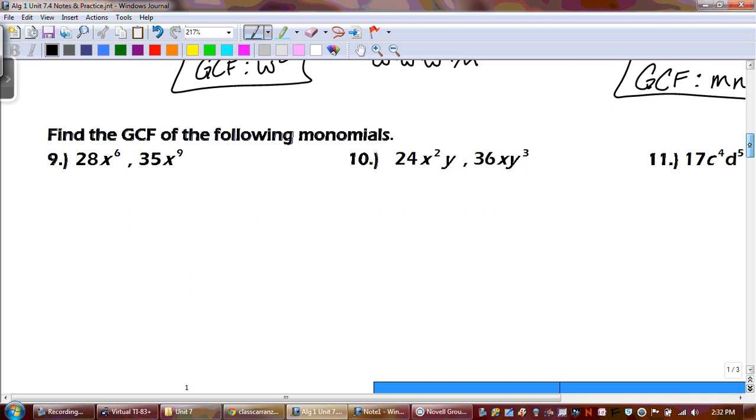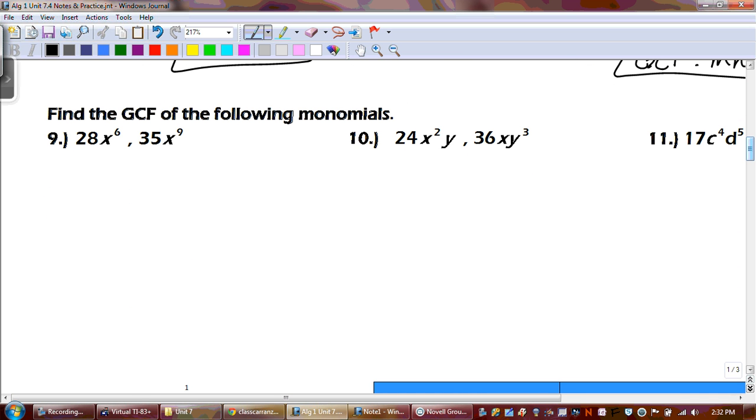Now, the next part says to find the GCF of the following monomials. So now, not only do we have the numbers, but we also have the x's and the variables, okay? So, if you need to, let's draw out the factors. The factors of 28 are 1 times 28, 2 and 14, and then 4 and 7. The factors of 35 are 1 times 35 and 5 times 7.